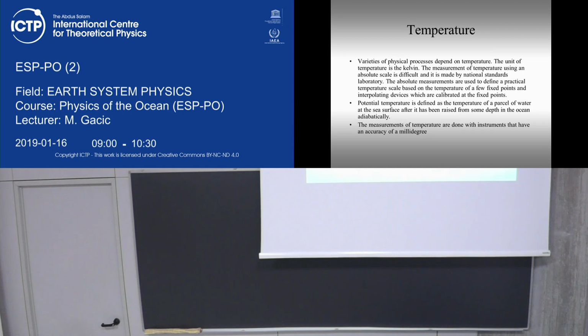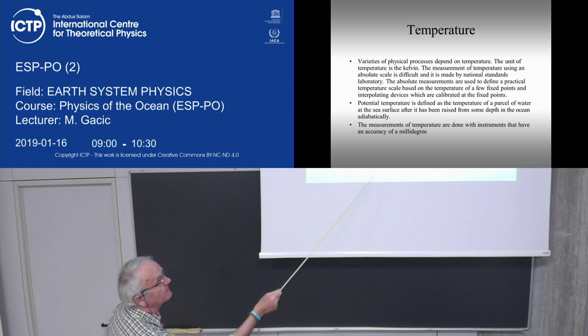And this temperature that the particle has at the surface is the potential temperature. So we are able to compare different parts of the Earth's ocean by looking at the potential temperature, which eliminates the influence of the pressure.